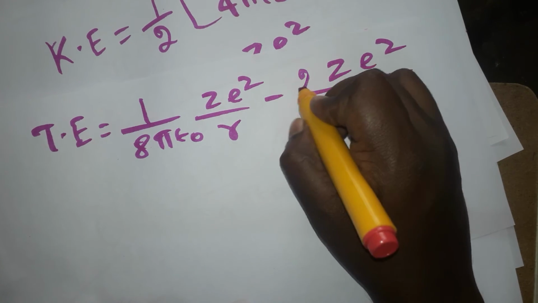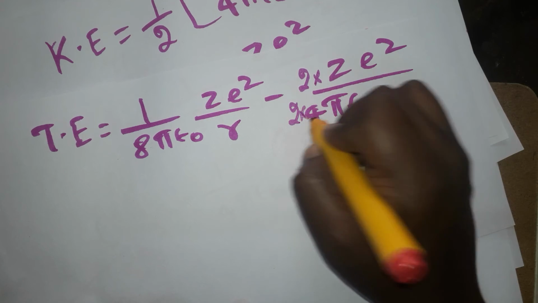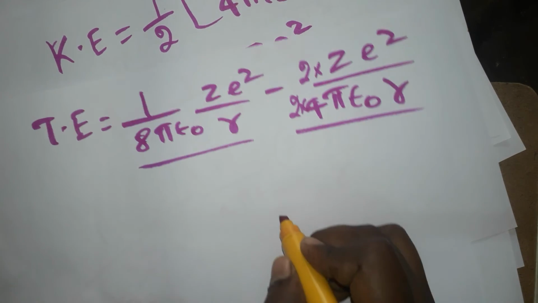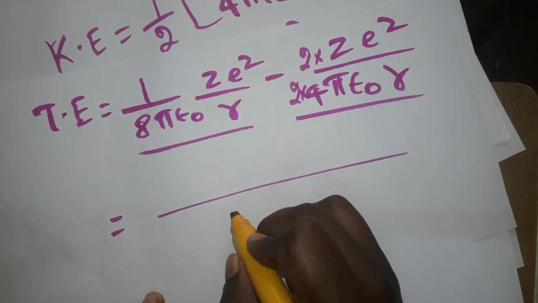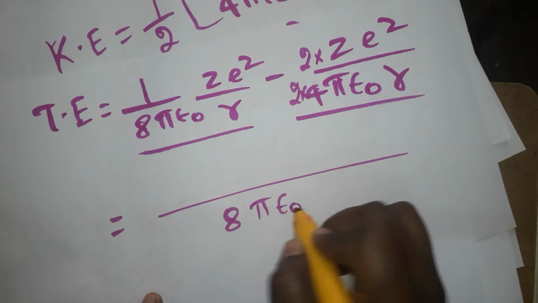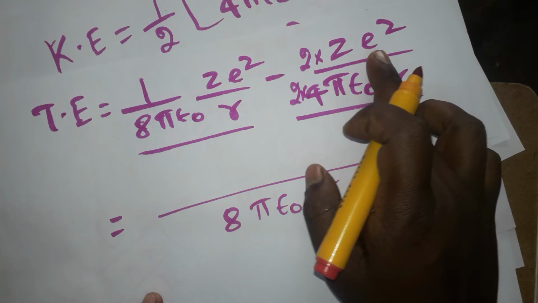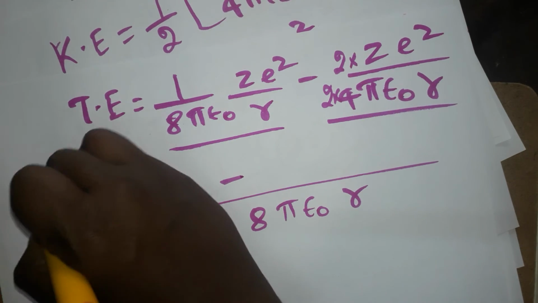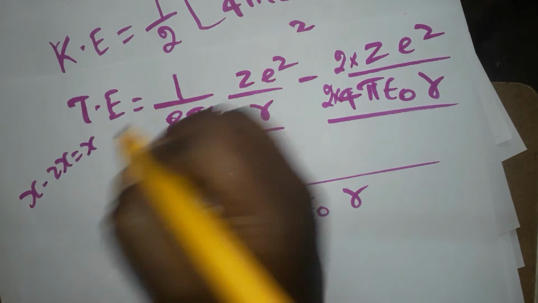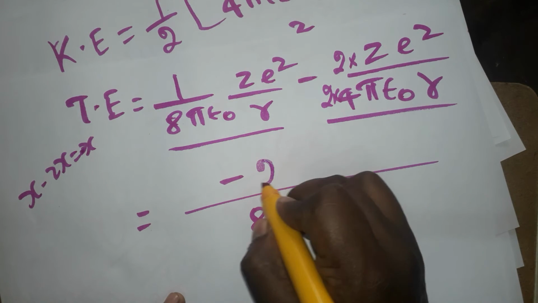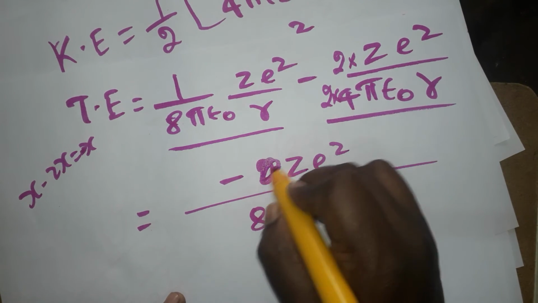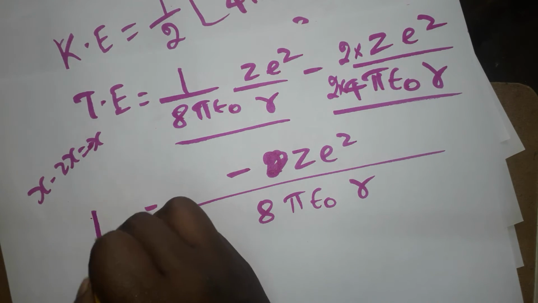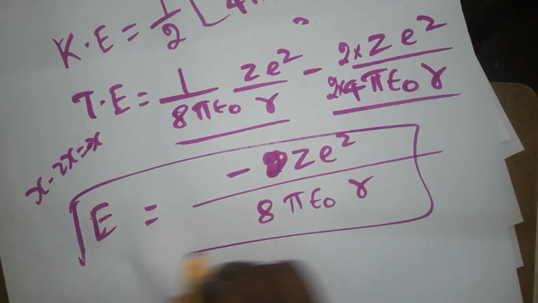To balance, the denominator must be the same in both places, so the denominator will be 8 pi epsilon naught r. It is one times x, minus two times x, which is x minus 2x, so the answer will be minus x: minus z e square divided by 8 pi epsilon naught r. It's called the total energy.